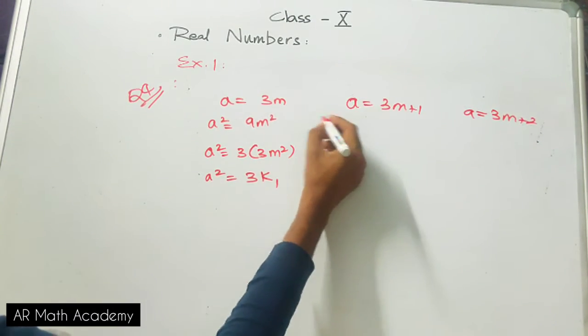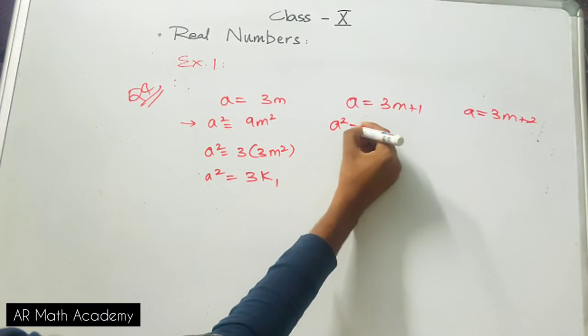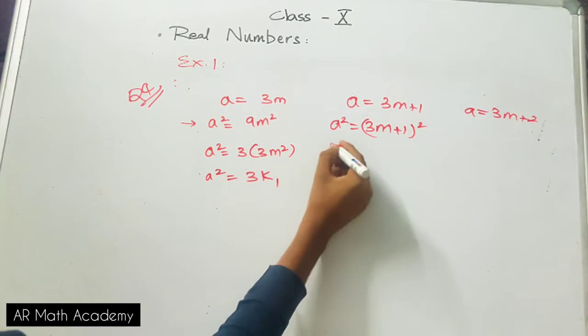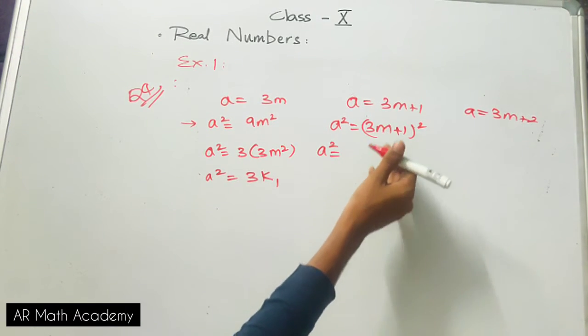Similarly, I'm squaring it here as well. a square equals 3m plus 1, the whole square. Using the identity, (a plus b) whole square is a square plus b square plus 2ab.